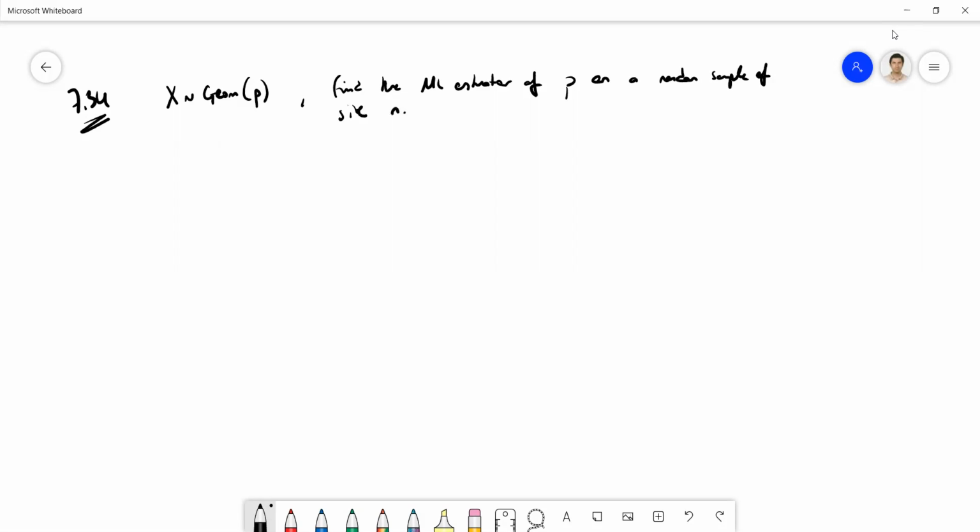Yeah. What this basically means, first of all, let's try to visualize it in our mind. Let's think of a process which is governed by geometric distribution.